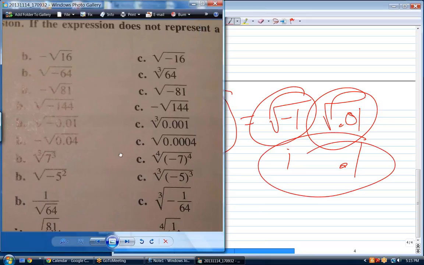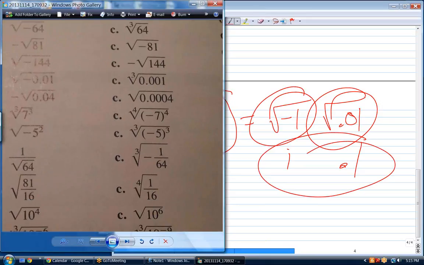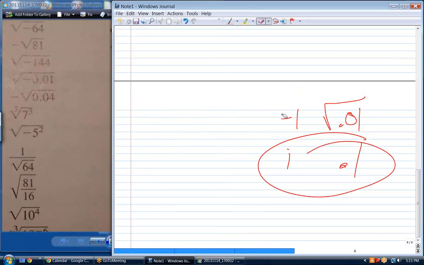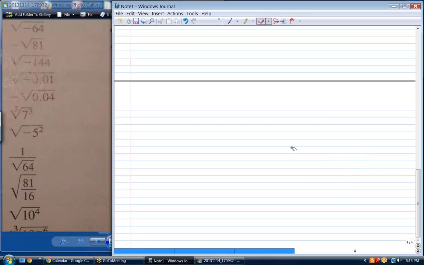All right. Let's see. What's the cube root of 0.001? Would that be 0.1 as well? Uh-huh. What's the cube root of negative 0.001? 0.1i.